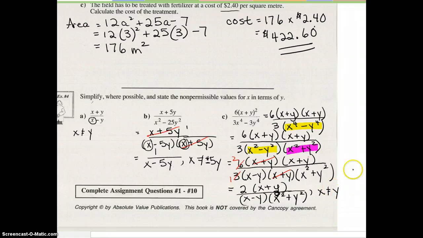So I need to include, I'm going to actually erase that and go plus or minus y. So this is coming from this step. Let me use like blue. This step and this step, I'm looking and saying, hey, if x becomes a y here, then it's going to be 0. And if x is a negative y here, it's going to be 0. So that's why I have to include both the positive and the negative.